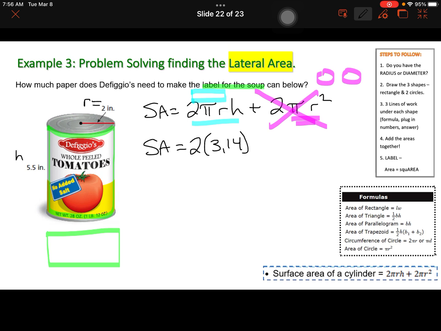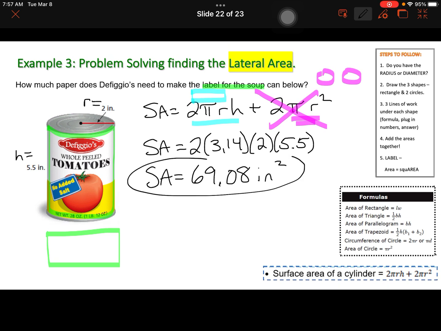If we look at the picture, 5.5 would be the height. So our radius is 2, and our height is 5.5. And now we're going to take our calculator and multiply. So it goes 2 times 3.14 times 2 times 5.5, and we get 69 and 8 hundredths inches squared is our answer for this, okay?